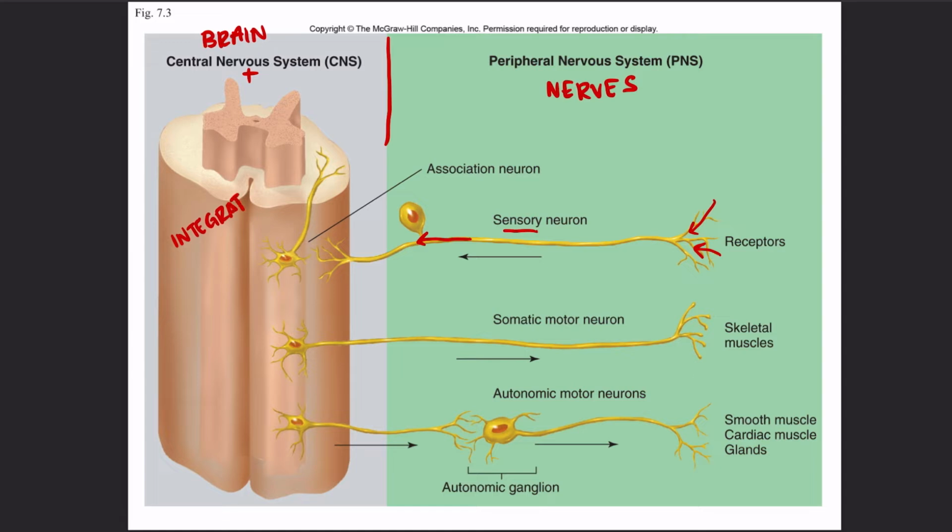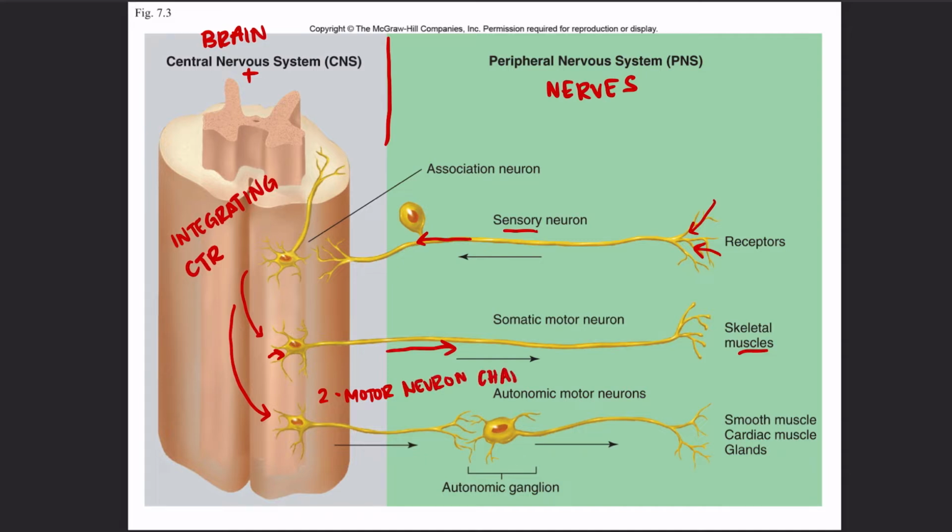It's going to integrate or process that information somehow, and then it's going to cause an effect. If it is a somatic effect, as in like your skeletal muscle movement, notice it says skeletal muscle here, it is going to impact one motor neuron, action potential, and move one way. If it is an autonomic impact, it is going to impact a two motor neuron chain. So there's two motor neurons here.